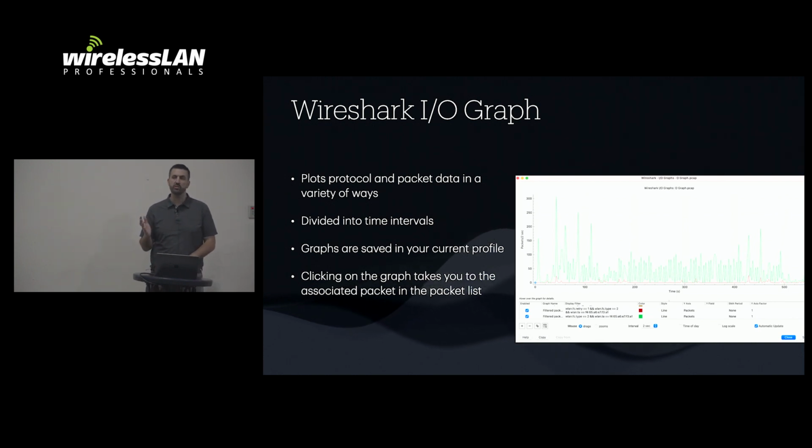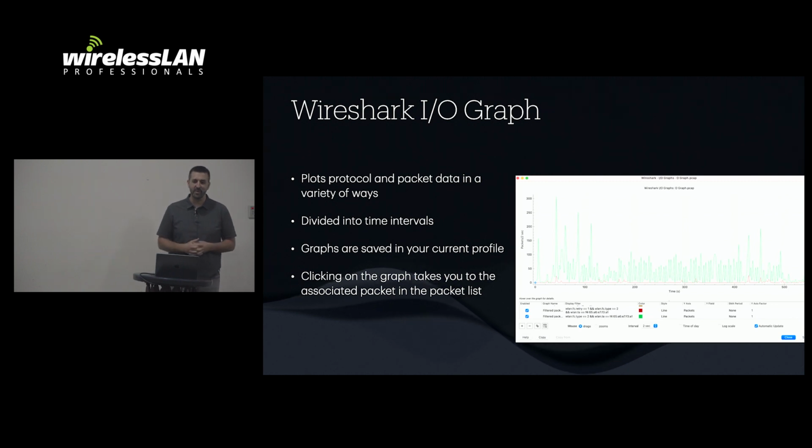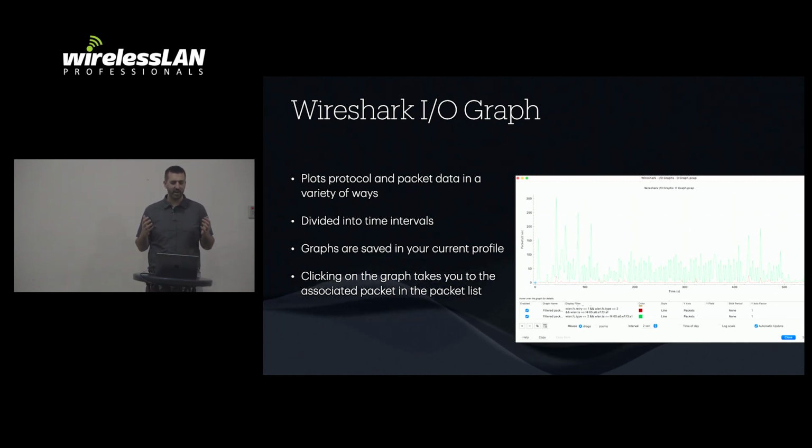All right, so now on to the Wireshark I/O graph. How many of you have used the I/O graph within Wireshark before to do any kind of analysis? Not surprised. I've actually only recently discovered it myself. Committing to teaching you guys about the I/O graph really forced me to dig into it, which is what I love about the WLPC conference: I always try to pick a topic where I've got some use cases, but I'm not an expert in that yet, and this motivates me to become a little bit more knowledgeable in that subject.